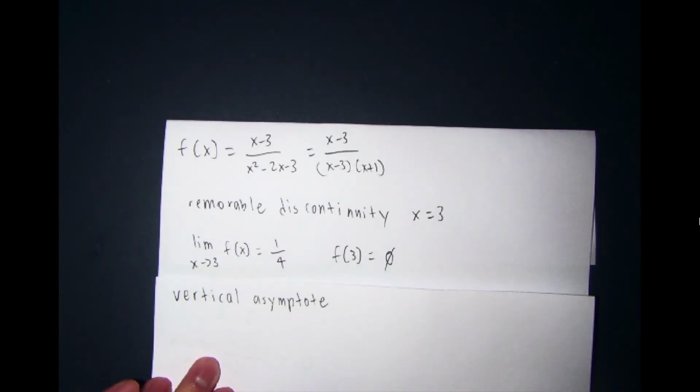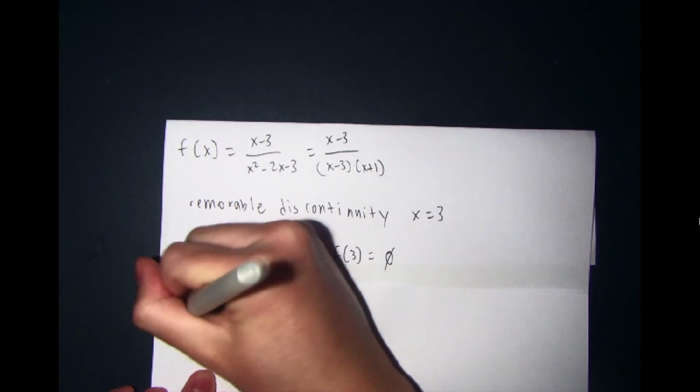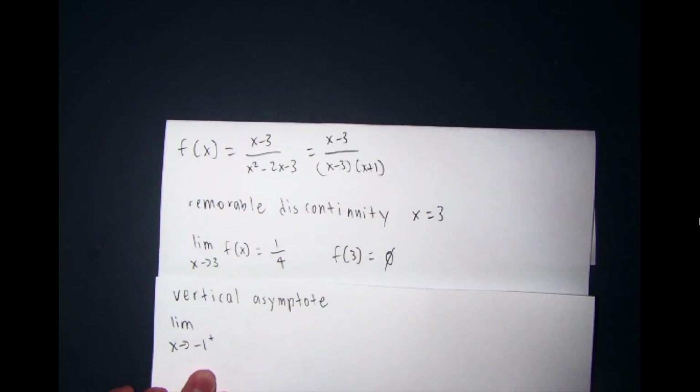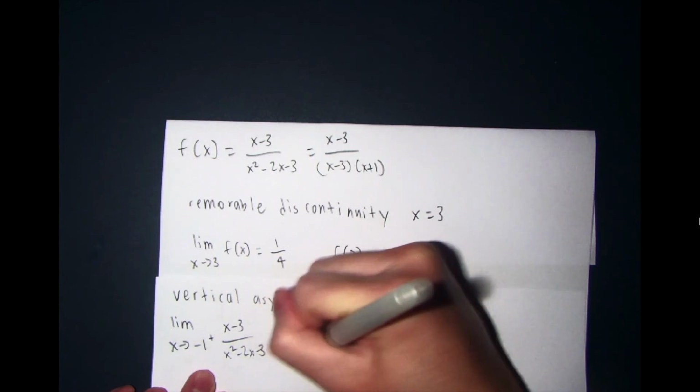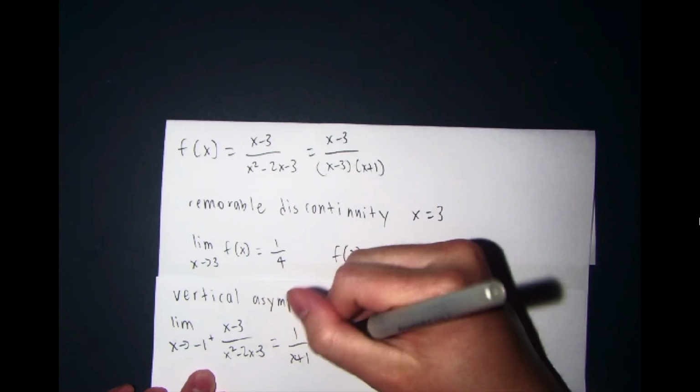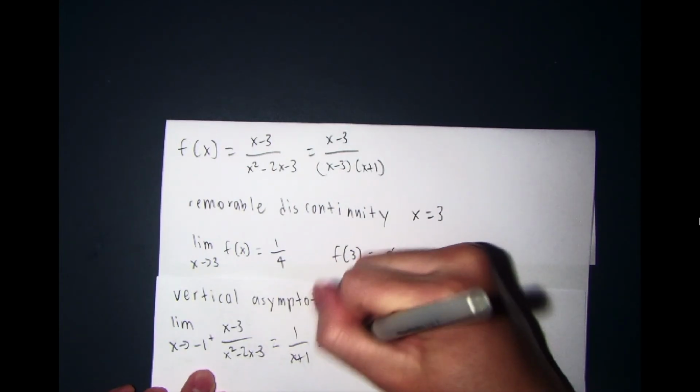So next, we're going to solve for the vertical asymptote. We can see that when the limit as x approaches -1 plus of f of x, x minus 3 over x squared minus 2x minus 3, remember that's equal to 1 over x plus 1 because the x minus 3's cancel out up here. If you plug this in, you're ultimately going to get infinity.